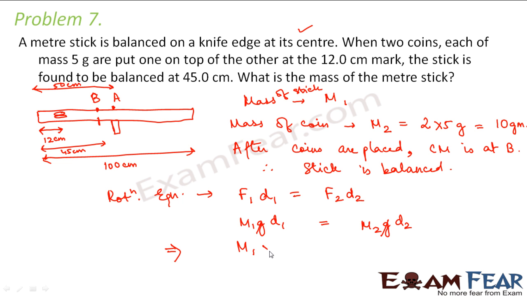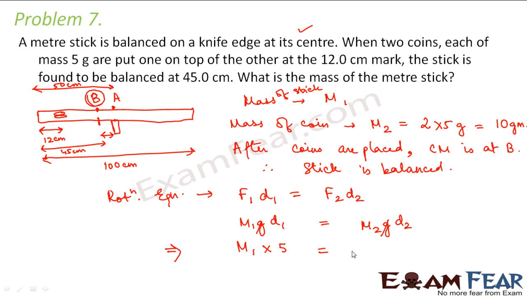So M1 into D1. What is D1? D1 would be this distance, because if the coins were not placed, the entire mass of the rod would have been concentrated at point A. Now we are considering the torque about point B, so point B is our origin. What is the distance of point A from point B? That is 5 centimeters, because this entire thing is 50 and this is 45, so 50 minus 45 is 5 centimeters.